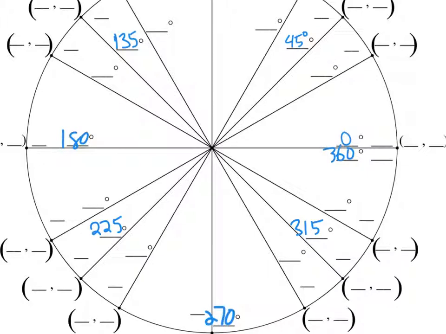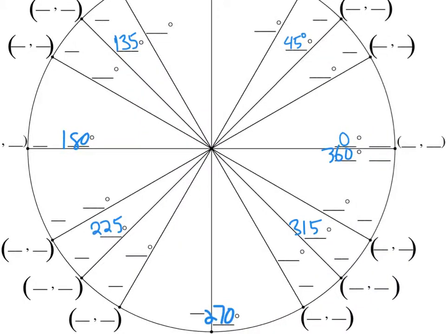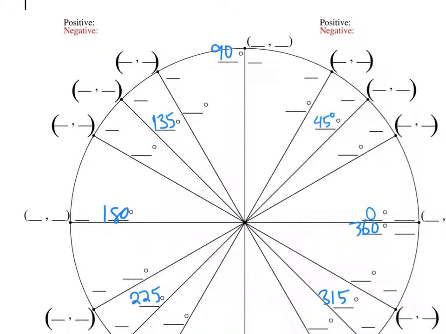All right, good. Next, the angles that we are not familiar with. So you can see why we need the 45, 45, 90 triangle, because there's a lot of 45s in the unit circle. The next thing we're going to do is go in the interval of 30, which is why we need the 30, 60, 90.